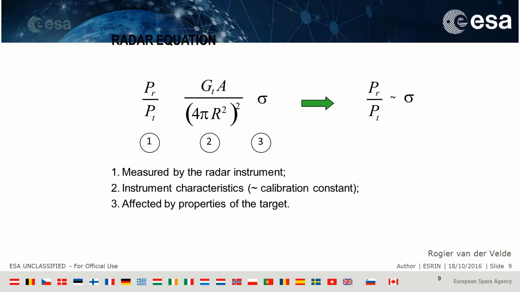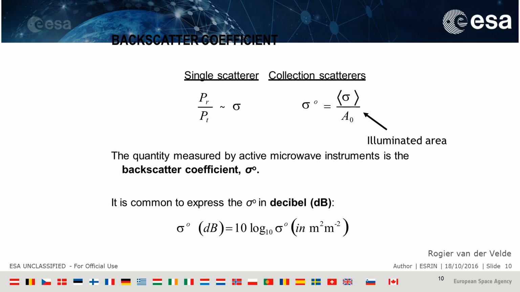And this backscatter is the one that is affected by the characteristics of the surface. This is partly defined by the geometry, partly defined by the dielectric properties. There is one more problem, that this is coming from a certain area. So if we want to get the characteristic of that particular target, we have to know that that target is in our pixel.